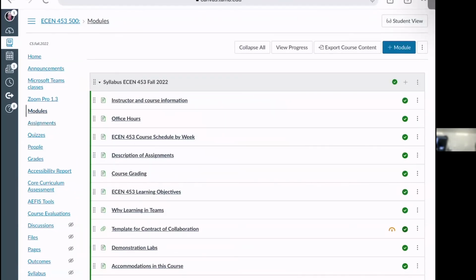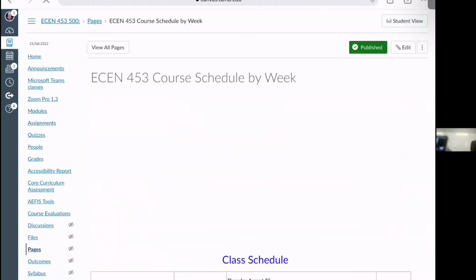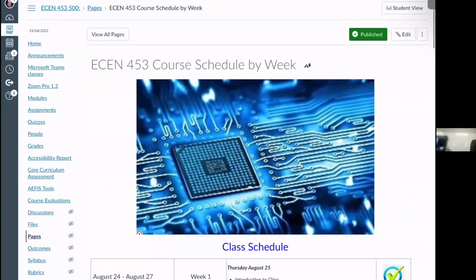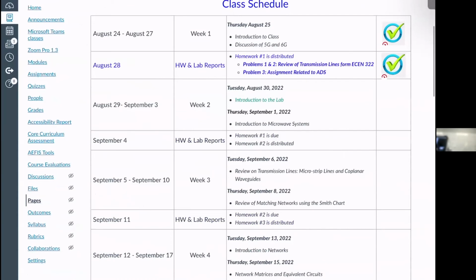You remember where you see the course schedule? I will follow the course schedule very carefully. Tuesday, we start with transmission lines. I will introduce microstrip and coplanar. I call it review because microstrip and coplanar waveguides are two geometries that practically are used to develop transmission lines.